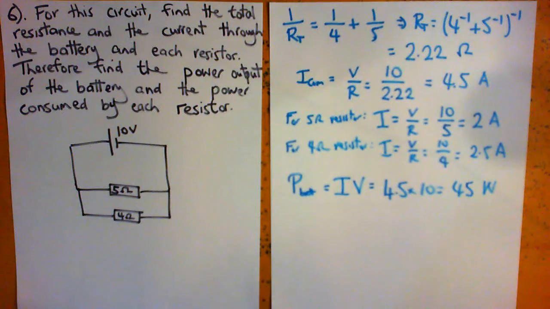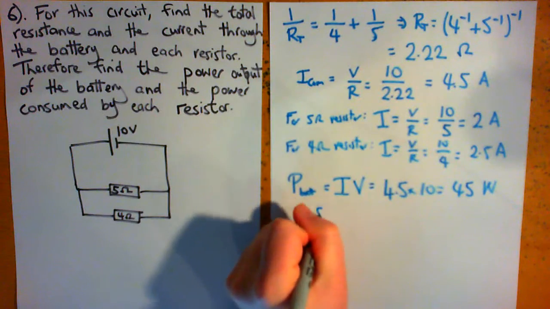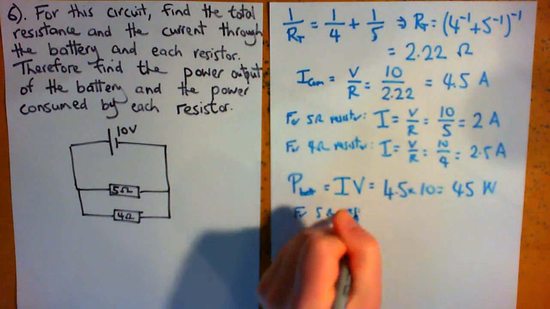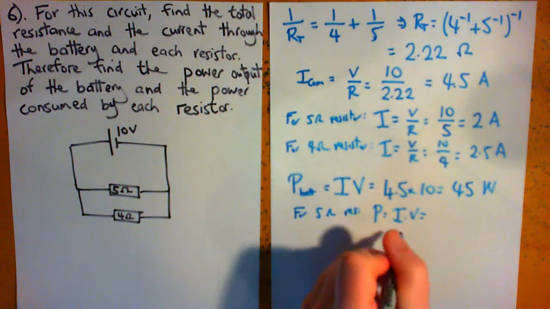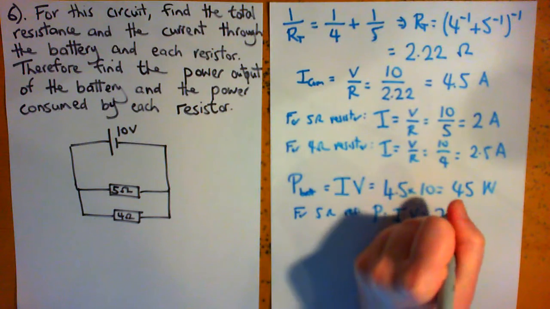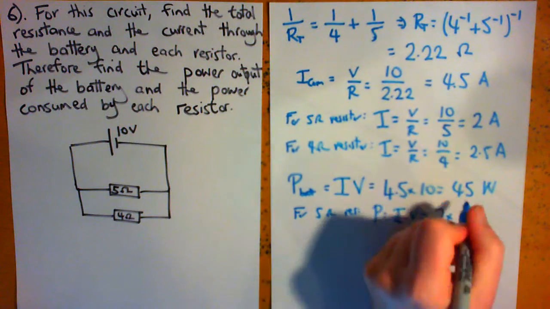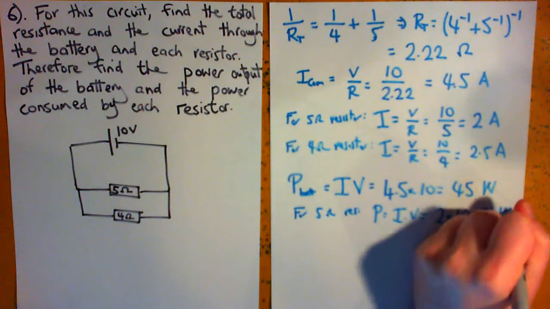So that's the power output of the battery. And for the 5 ohm resistor, the power is I times V, where I is 2, times the voltage 10, giving us 20 watts.